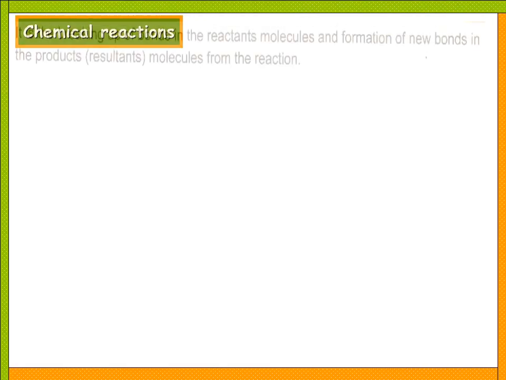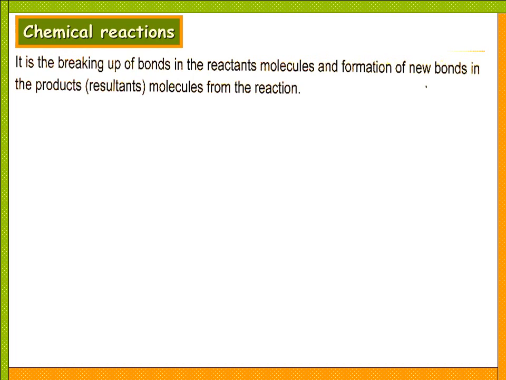We will start with the definition of chemical reactions that we took in the last lesson: breaking up of bonds in the molecules of reactants. If we want to make a reaction, we start with the molecules of reactants, products, and the conditions of the reaction.